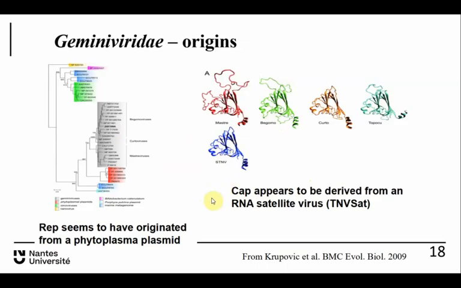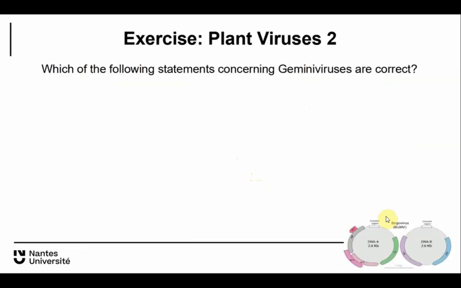So it seems like the Geminiviruses had an origin from a really unusual encounter, where a bacterial plasmid somehow gains the capacity to replicate autonomously in the infected plant cell nucleus, and somehow integrates the DNA coding for a capsid protein from a satellite virus. So that's apparently what we think is how these viruses originated.